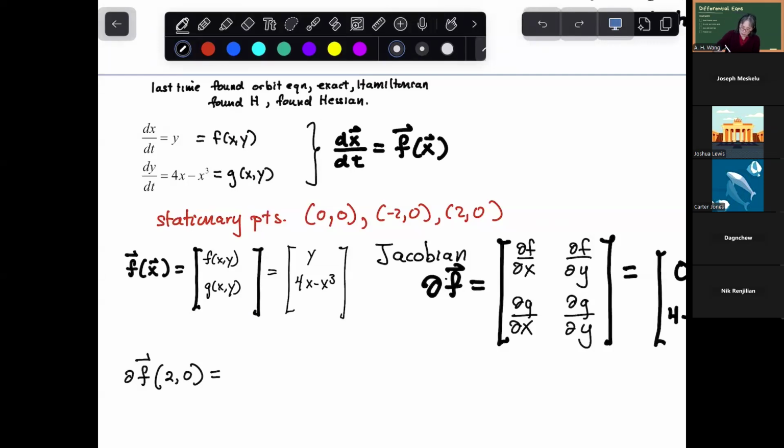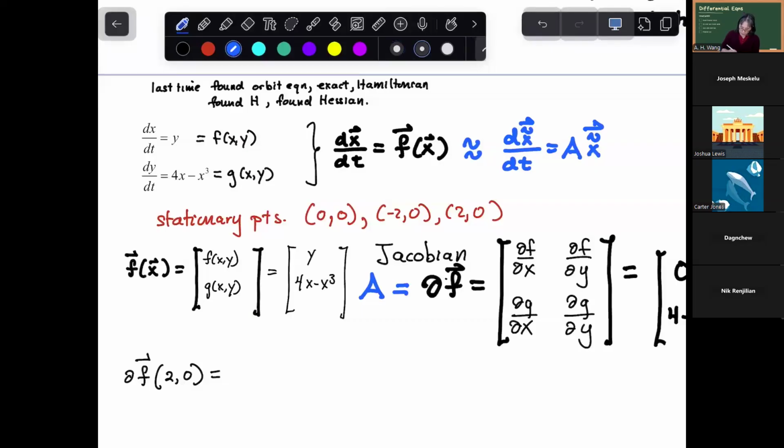What we're going to do is approximate this by dx tilde/dt equal A x tilde, where the A is this guy evaluated at the stationary point.